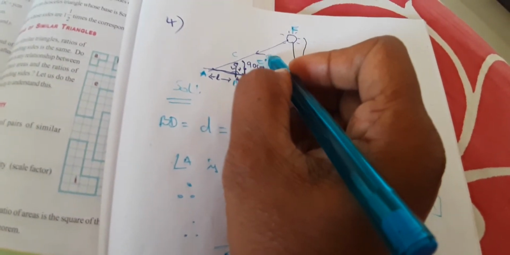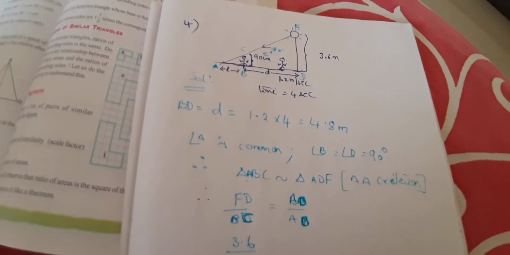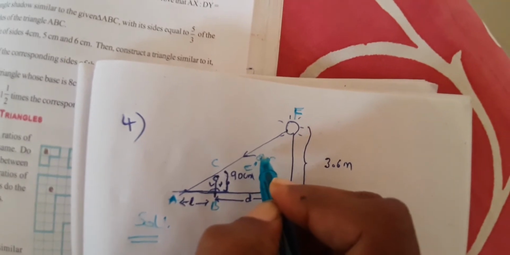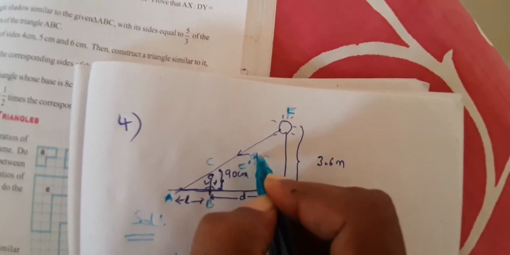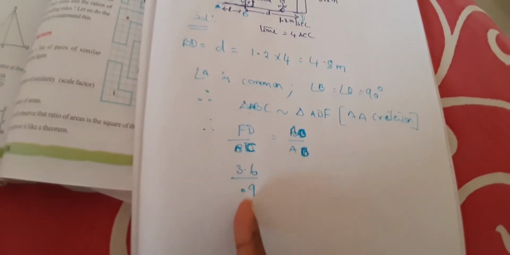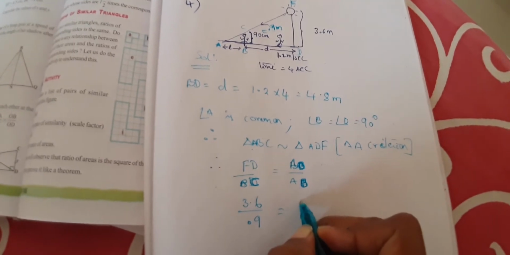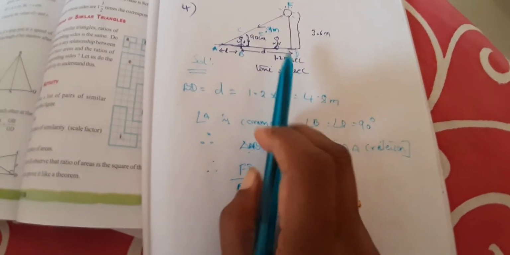You can write it here in the diagram, 0.9 meters. Is that clear? Or shall I write it again? So coming to the substitution, 3.6 by 0.9 is equal to AD by AB, with AB being L.